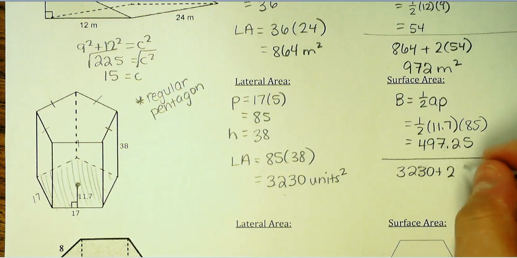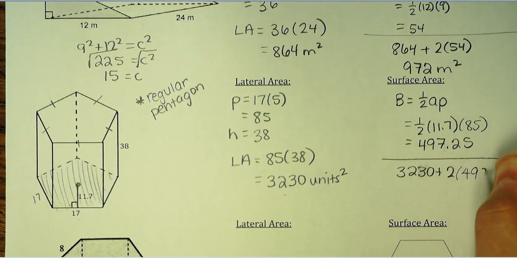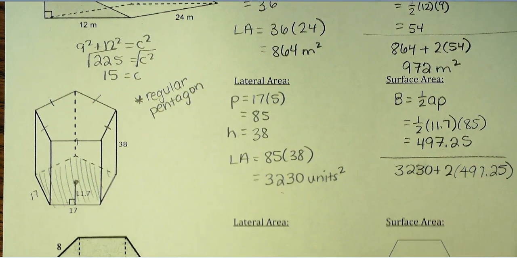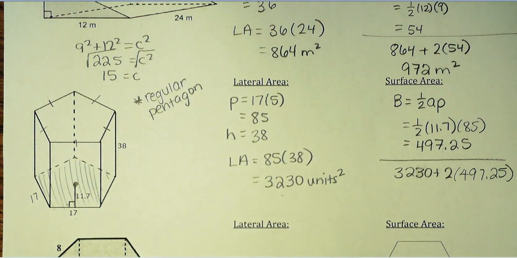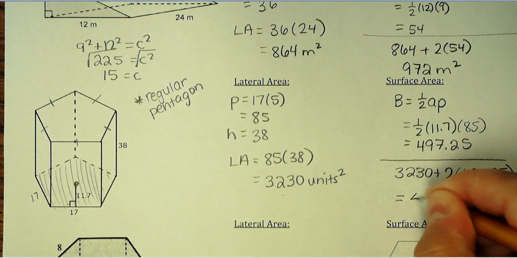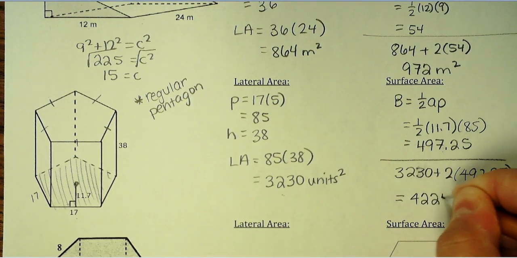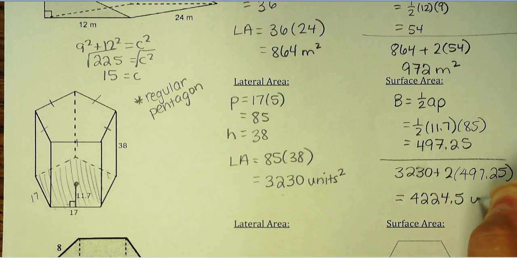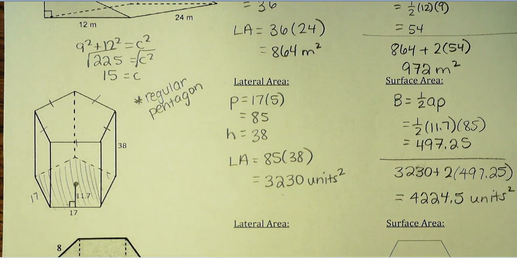One of the bases has the area of that 497.25. So I just got to put a 2 in front of that. And then to get the total surface area, we're going to do 3230 plus 2 times that 497.25 we calculated there. So the surface area, this is 4,224.5, and then again, we're going to have units squared.